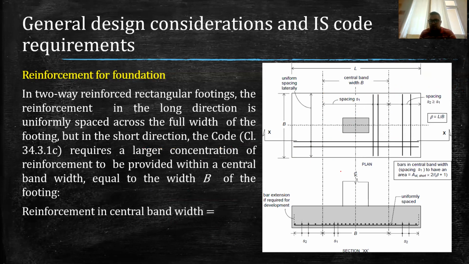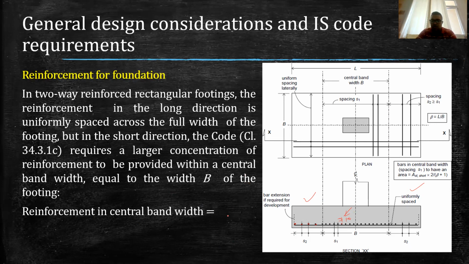Here you can see that these dots are more spaced in this edge and in this edge, while the reinforcement has less spacing in the central band, because we want more concentration in the central band. This is generally what we do in rectangular foundation design.